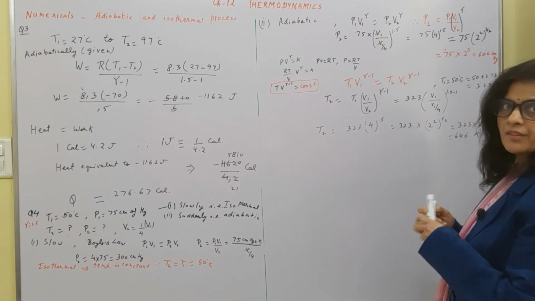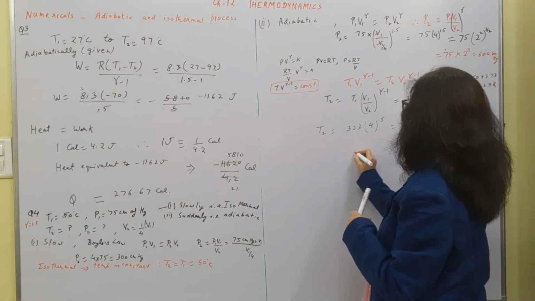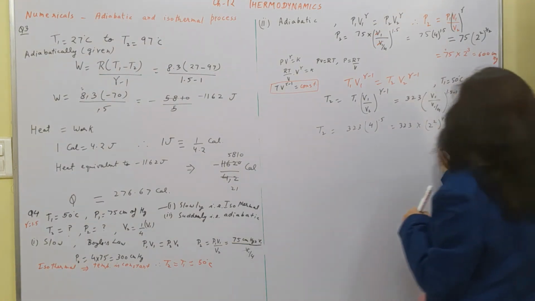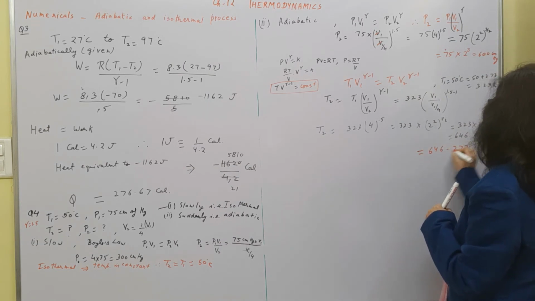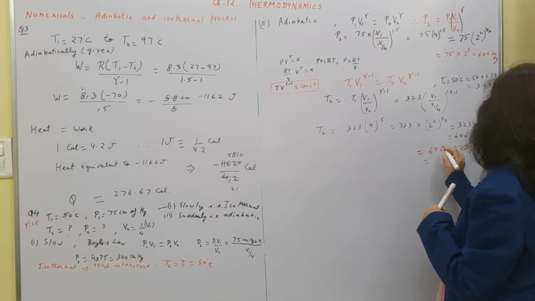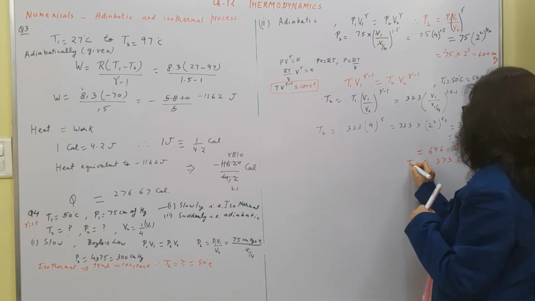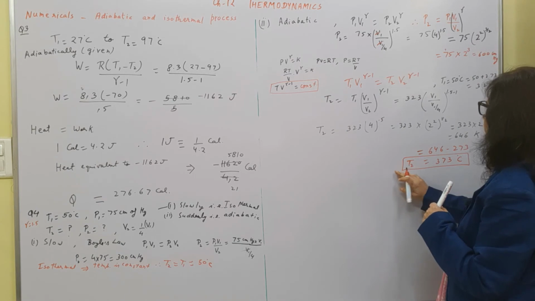Right, from here if I want to calculate in Celsius, we know that temperature in Celsius is equal to 646 minus 273. So this gives me this. So this is the final answer, right?